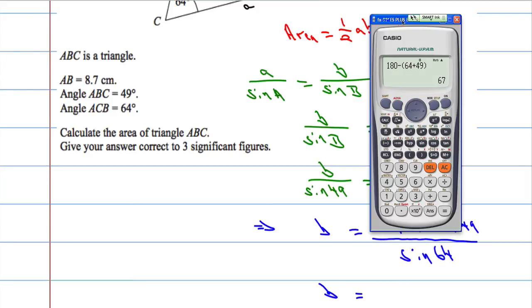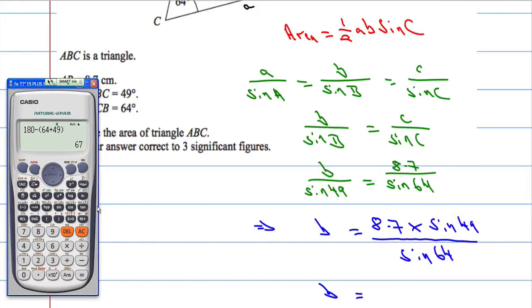take out the calculator to do this part. So it's going to be a fraction, and on the top we've got 8.7 multiplied by sine of 49 divided by sine of 64. And that gives us 7.3053 14688.